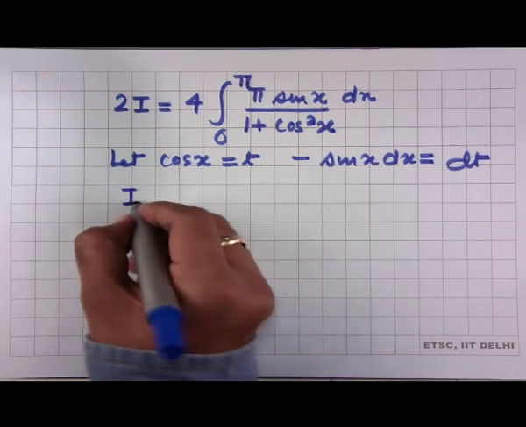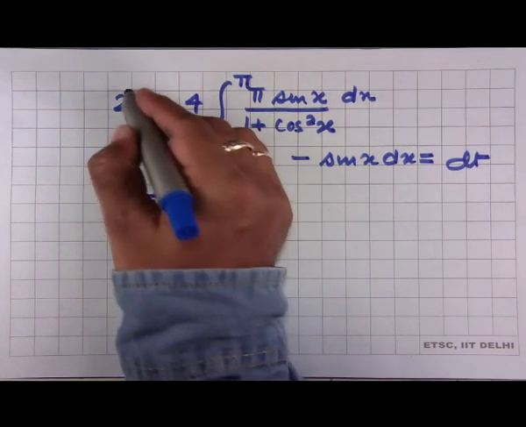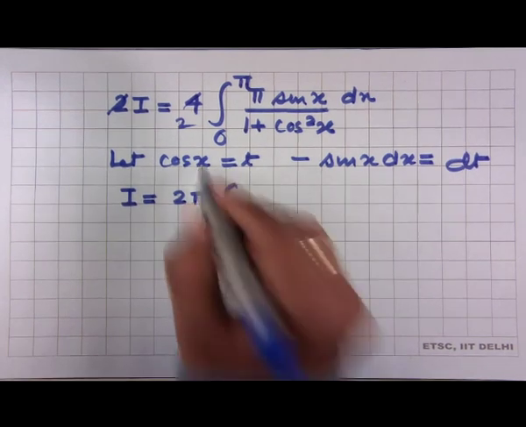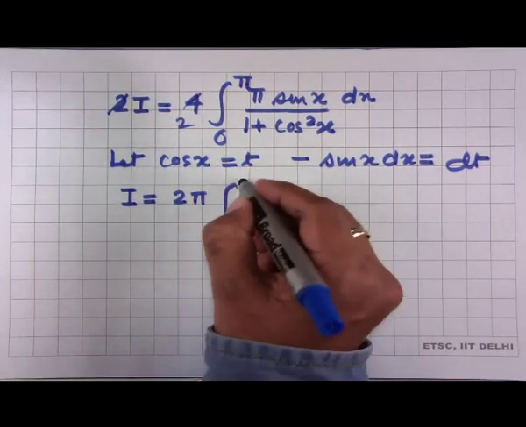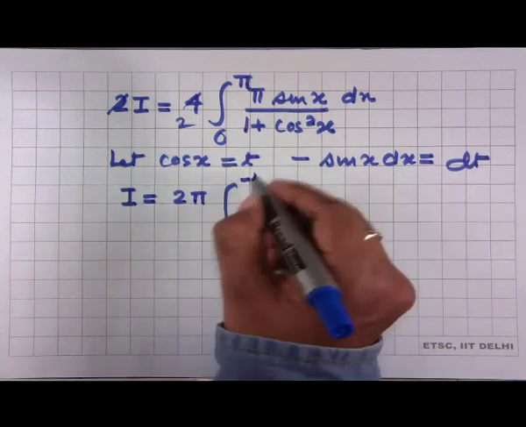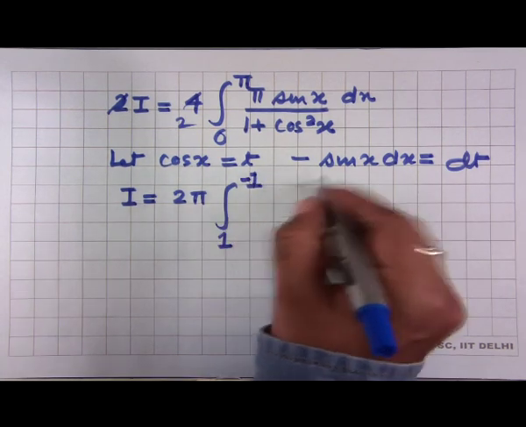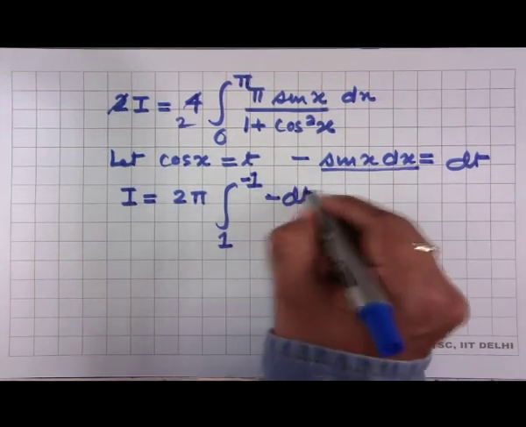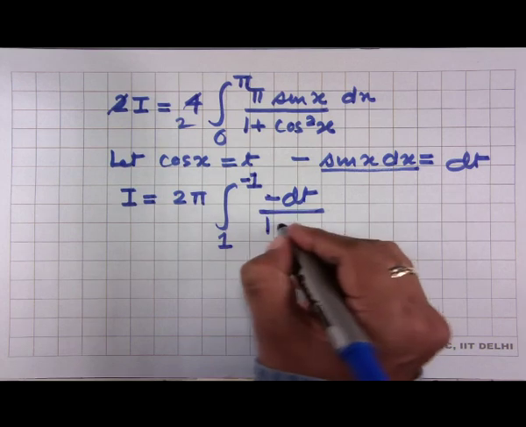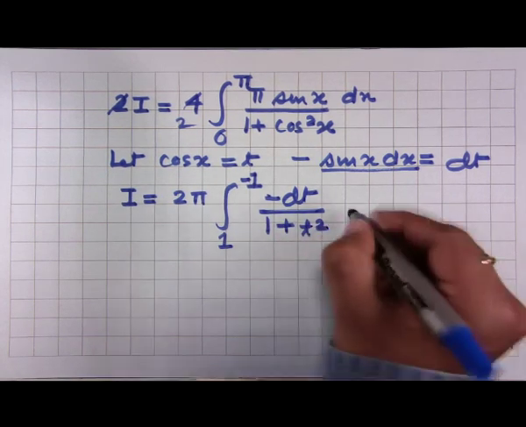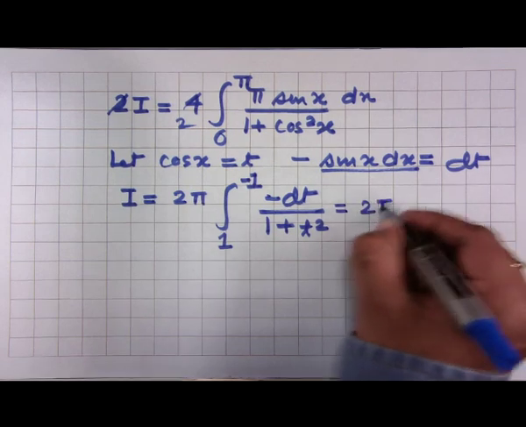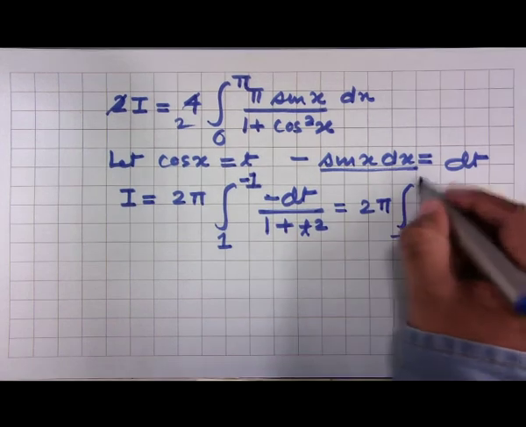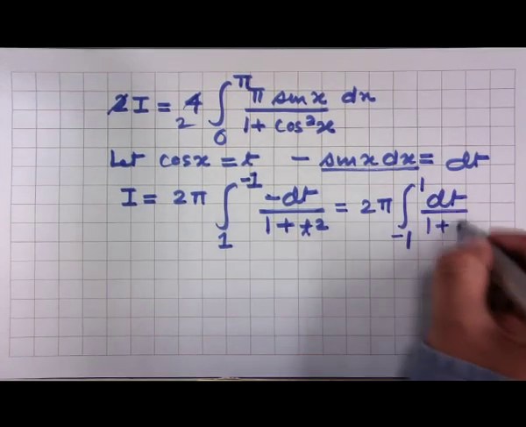So I is equal to 2 pi, at cos 0 it is 1, cos pi is minus 1, sin x dx is minus dt, so you get minus dt over 1 plus t square. So this is equal to 2 pi, and because there is a minus sign you can interchange the limits, so you get the integral from minus 1 to 1 of dt by 1 plus t square.